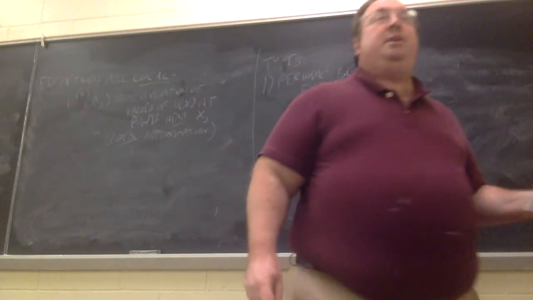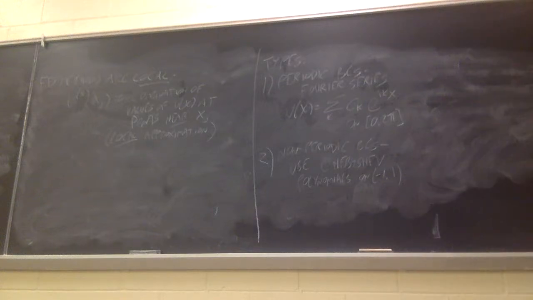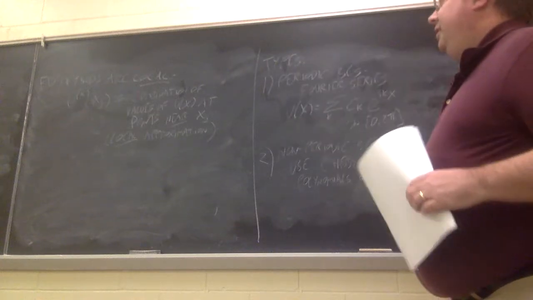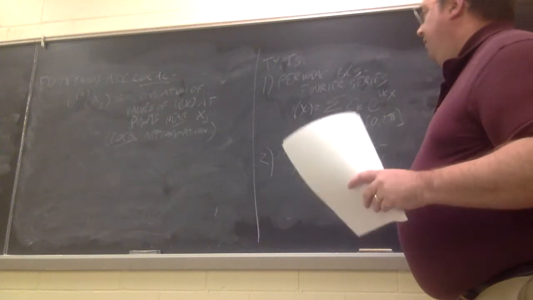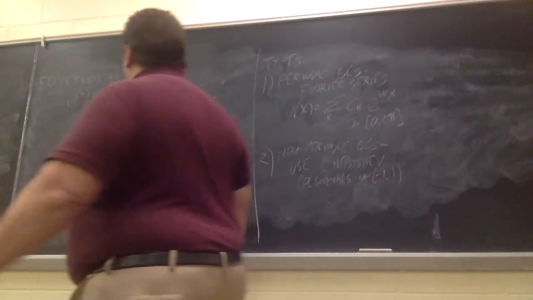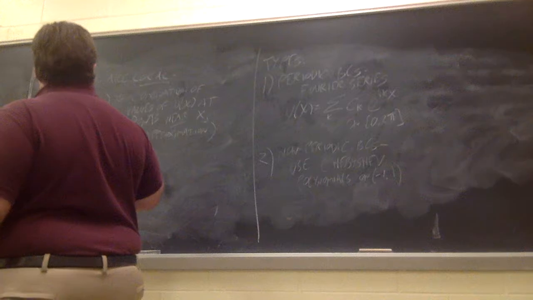Which makes perfect sense because a derivative is defined in terms of a limit. Like limit of f of x plus h minus f of x over h. So information about the function near that point is enough to approximate the derivative.